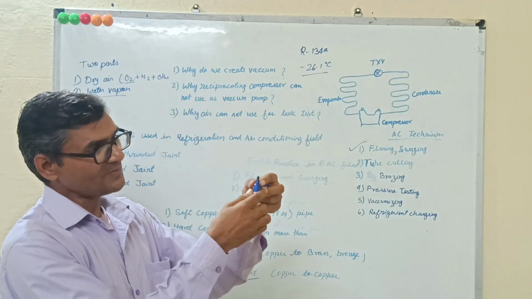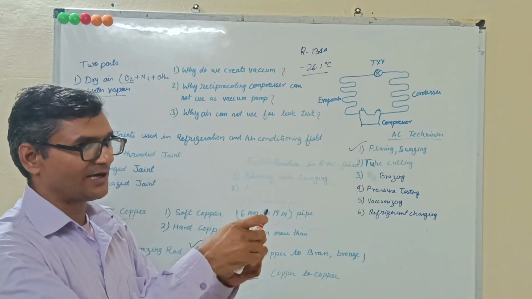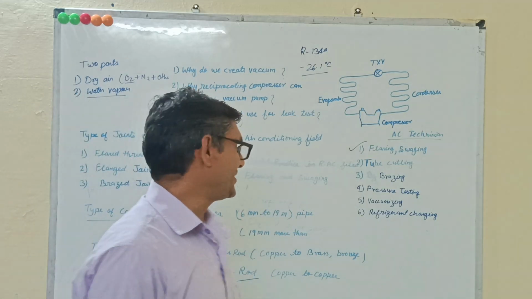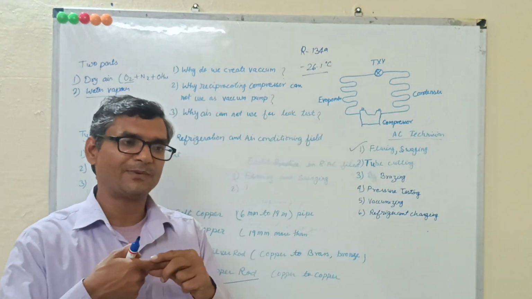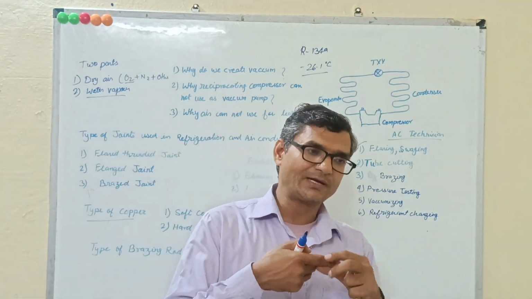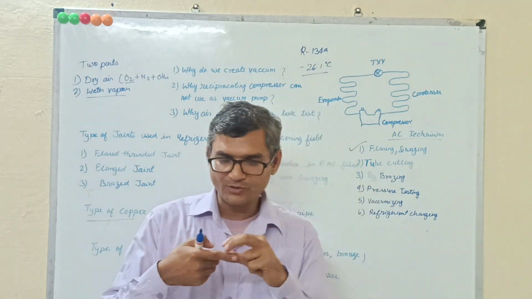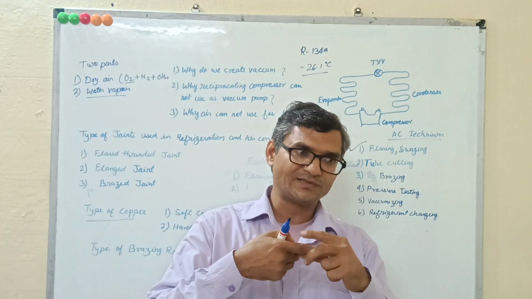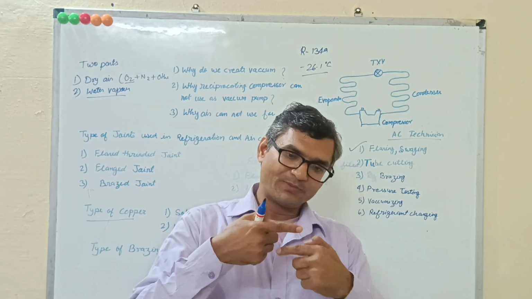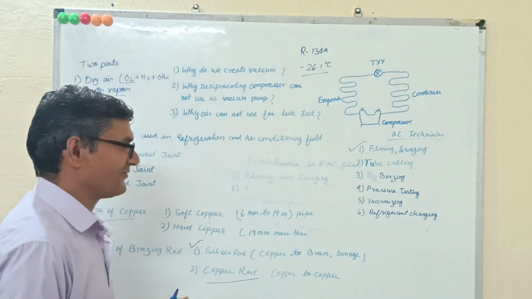This is a flare. With a flare we can use a flare nut and make a joint. Swaging means the same diameter tubes are cut and the diameter of one end is increased, and the other tube goes inside, so the brazing will be very strong.